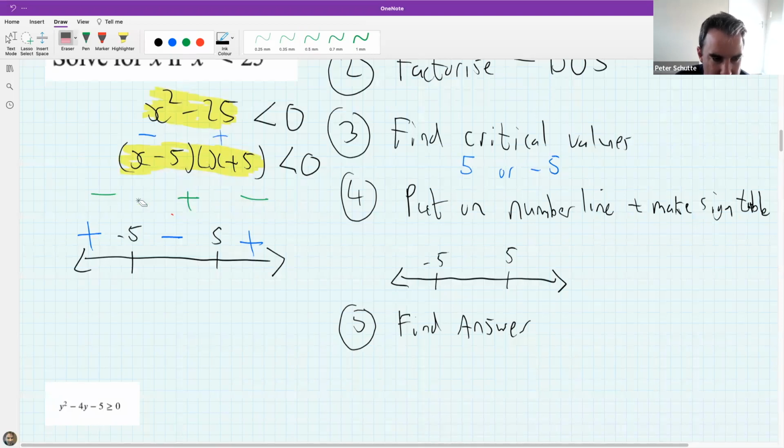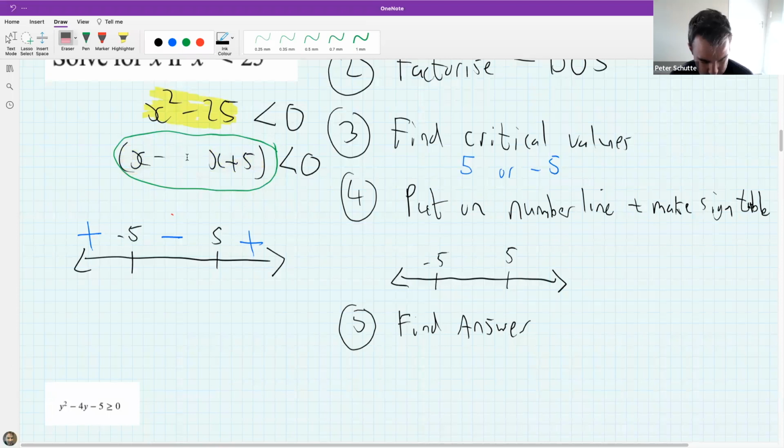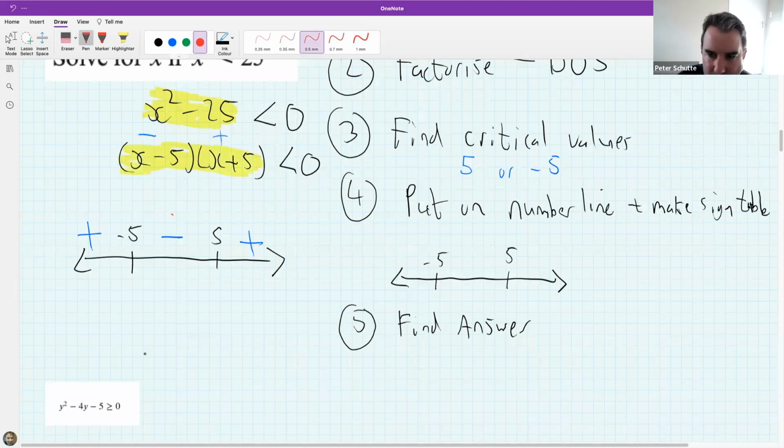Okay, sir. Okay. So what do you think my answer is going to be? Because I want the area where the expression is less than naught. Can you see this is less than naught? So what region do you think I'm going to get as my answer?